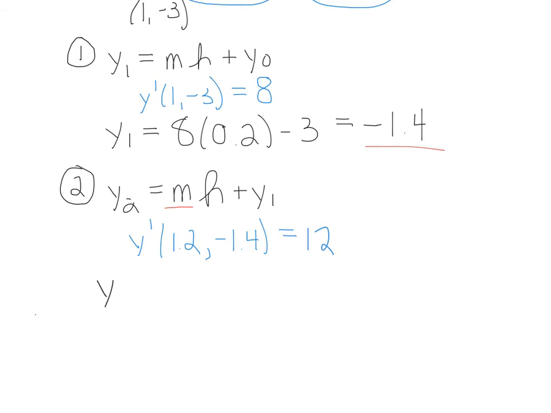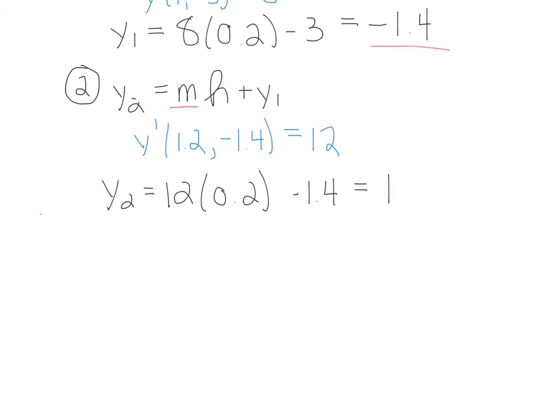So y2 equals our slope of 12 times our step size of 0.2 plus y1, which we calculated to be -1.4. And when we work all that out, that is going to be, wow, a nice even 1. All right? So at the end of the day, we can say that f of 1.4 is approximately 1. Not bad.